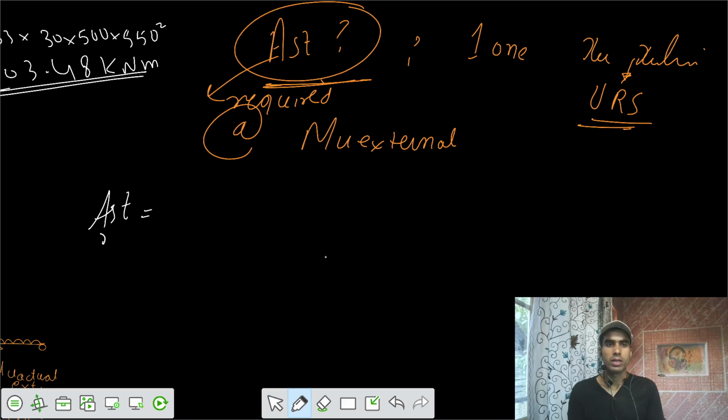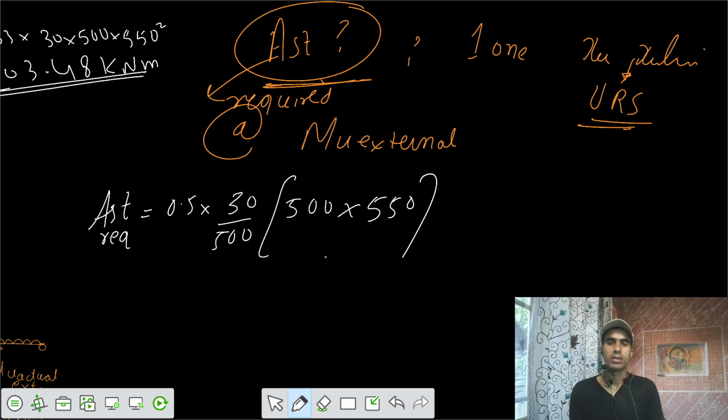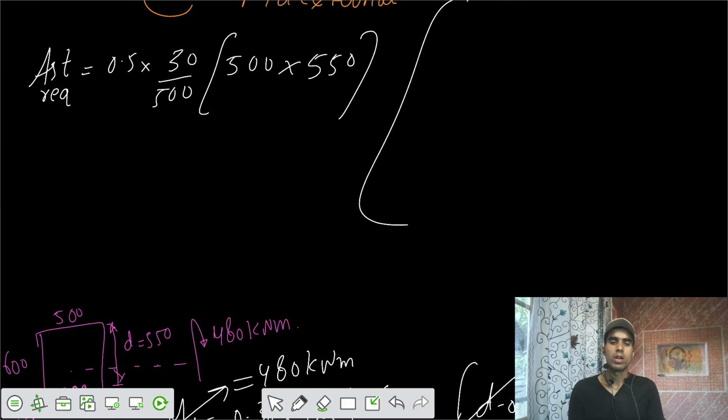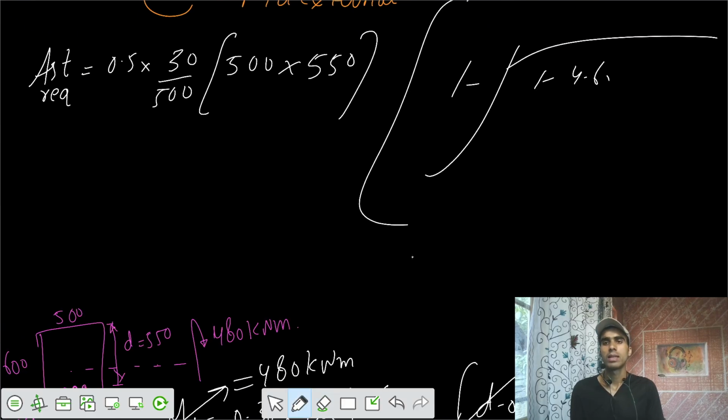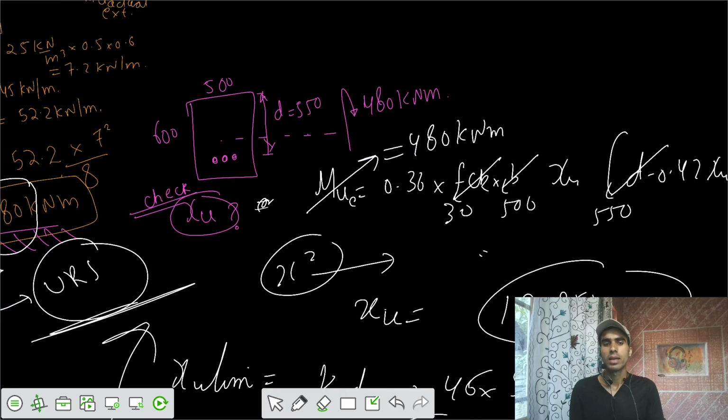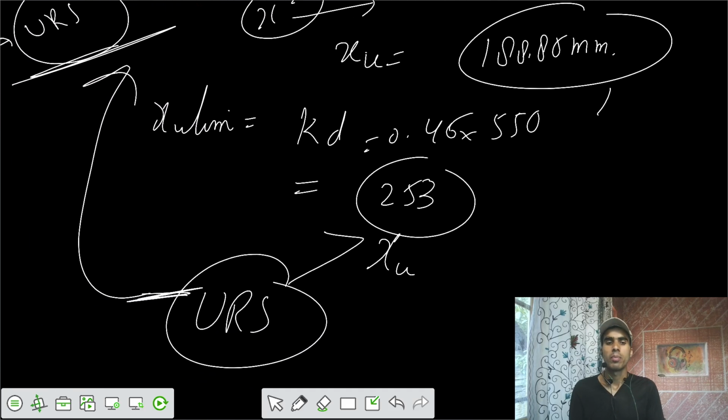Ast required would be 0.5 fck by fy into bd, where b was 500 and d was 550, into 1 minus under root of 1 minus 4.6 times the actual external bending moment.